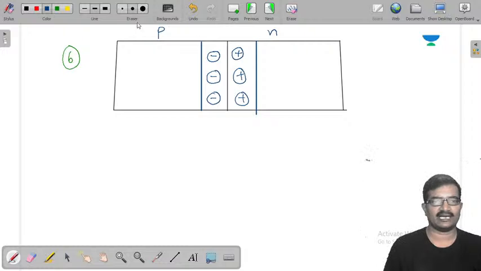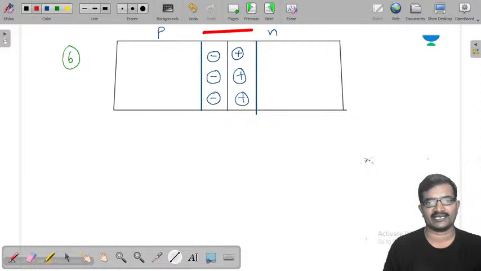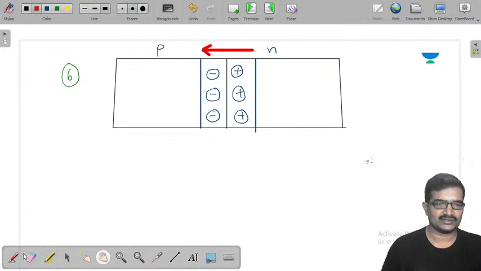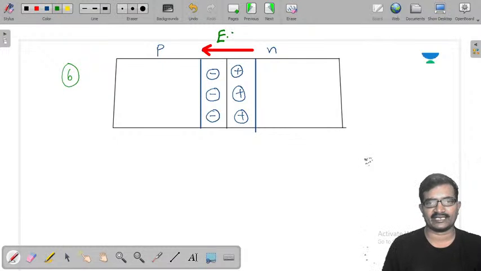It results in an electric field directed from N side to P side. Okay, this is the electric field. So due to this electric field, we can expect drift movement of the charge carriers.